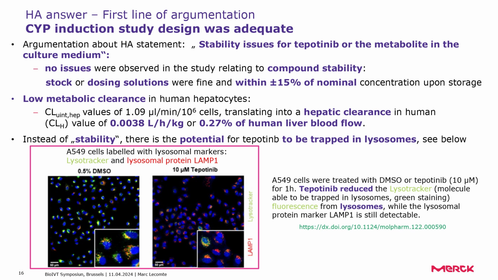And you see that compared to the control, when you see the dye which is green in the lysosomes, when you expose the cells to 10 micromolar tepotinib, you are able to blunt the lysosomal trapping of the green fluorescent molecule. So, if the compound can be trapped in lysosomes, yes, it can perhaps contribute to the lower concentration that we were observing during the CYP induction experiment.